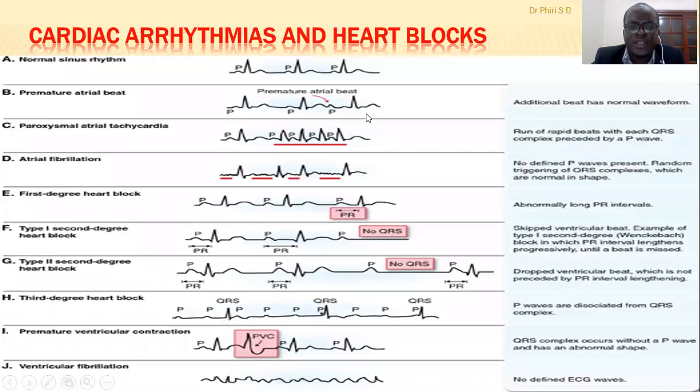Okay, then this diagram is just summarizing other cardiac arrhythmias that we haven't discussed here. So for instance, sometimes you can have a normal sinus rhythm. Let me just use a pencil here as well. So here you can see down here that you have normal cardiac rhythm.